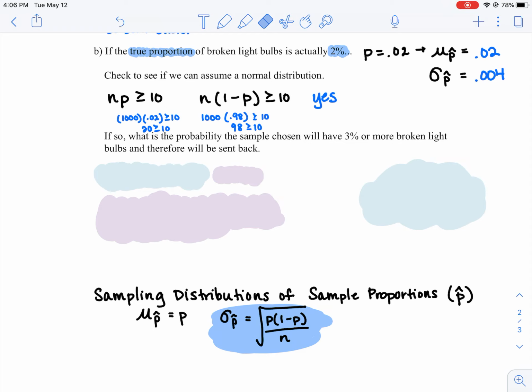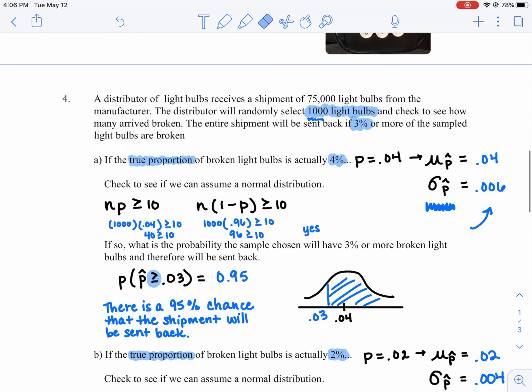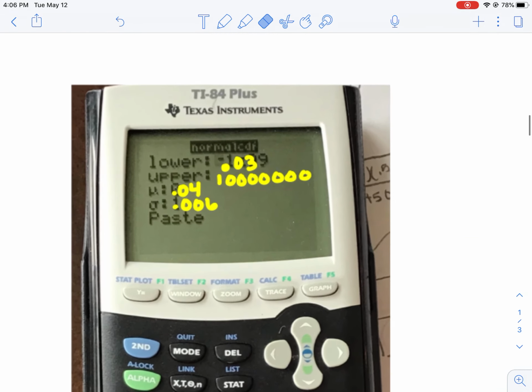All right, if so, what is the probability that the sample chosen will have 3% or more broken light bulbs and then therefore will be sent back? So this is what you're calculating now. Go ahead and do that. Okay, so let's see what you should have done on your calculator.